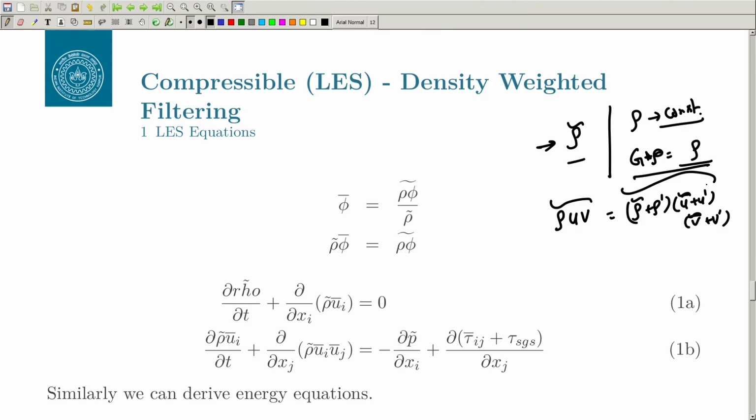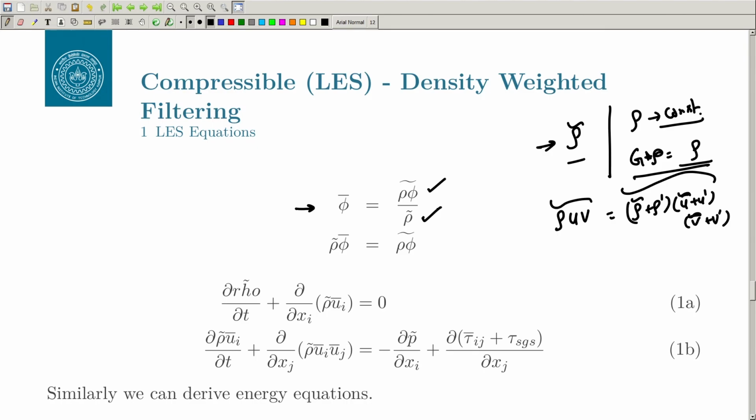And the way we got rid of this in our RANS is that we used something called density weighted averaging, the Favre averaging. The same idea we are going to use in LES also, and without going into much detail, we are going to define an operation, phi tilde, which is nothing but your filtered rho phi divided by the filtered rho.